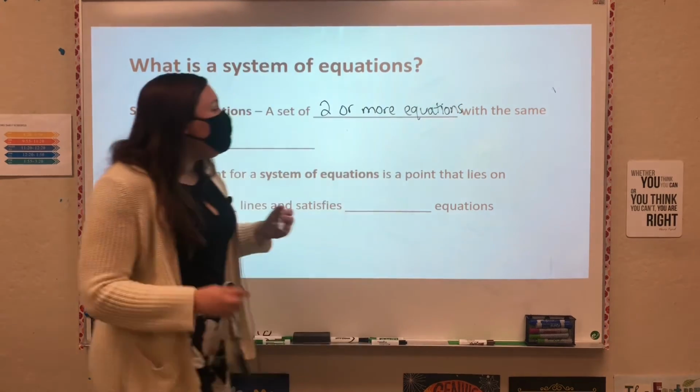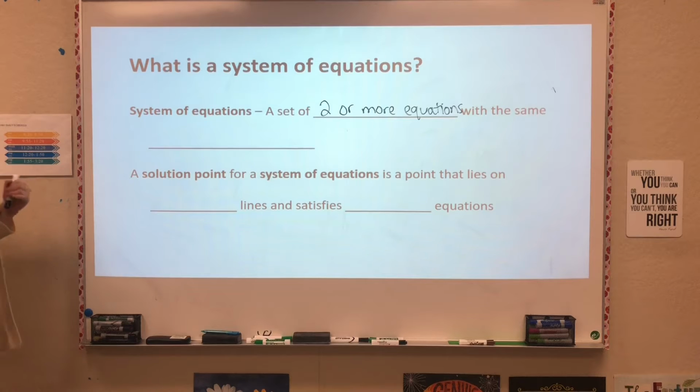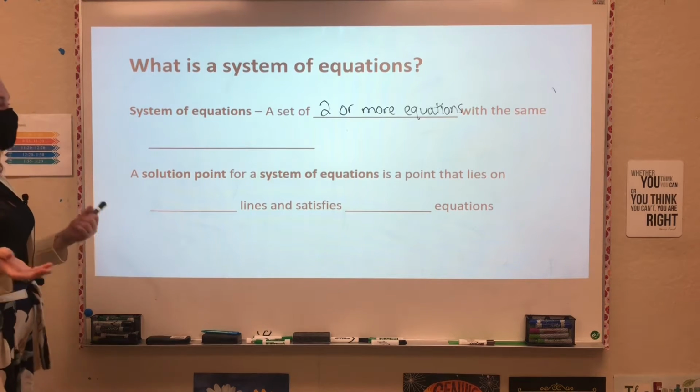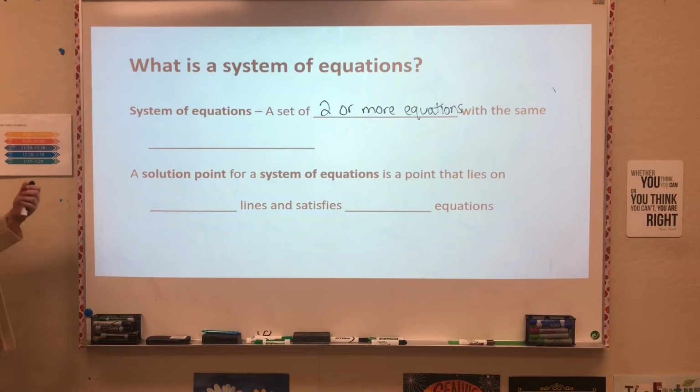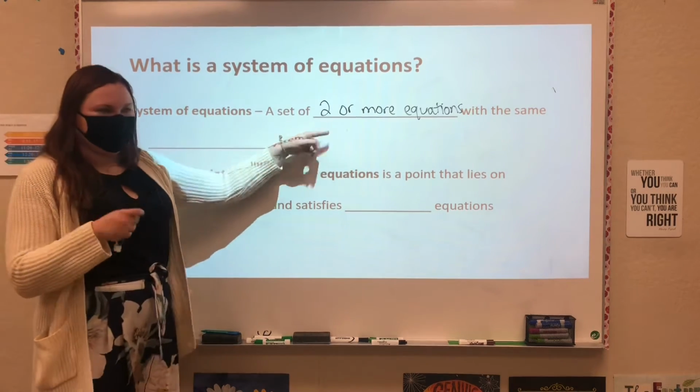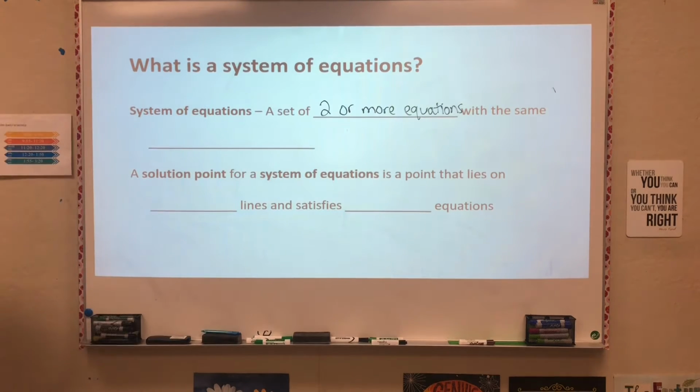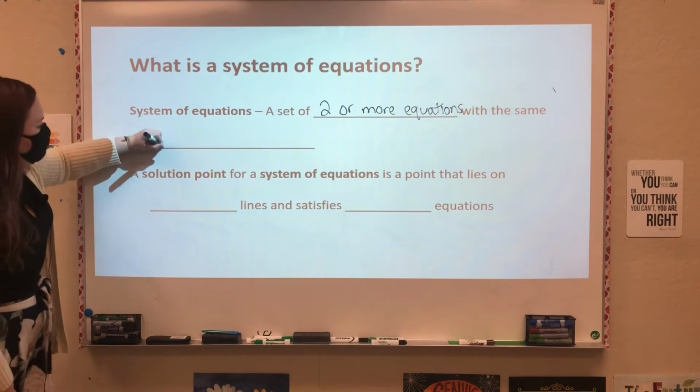In Algebra 1, we keep it to just 2 equations, but in Algebra 2, you see a lot of problems with 3 equations. In college, if you wanted to study math, you sometimes have problems with 4 or 5 equations. It can get real fun, but for now we're going to just look at systems with 2 equations.